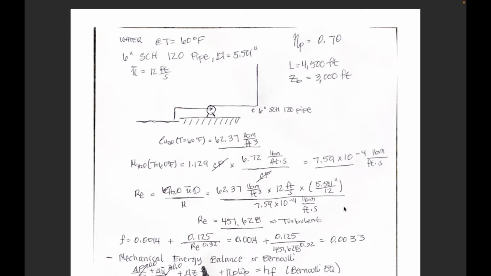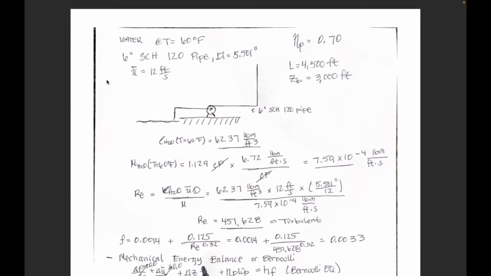So it's water at 60 degrees Fahrenheit, and we know the piping is a 6-inch Schedule 40. I looked it up online, so the inside diameter is roughly 5.501 inches, and the average velocity across this whole thing is 12 feet per second.